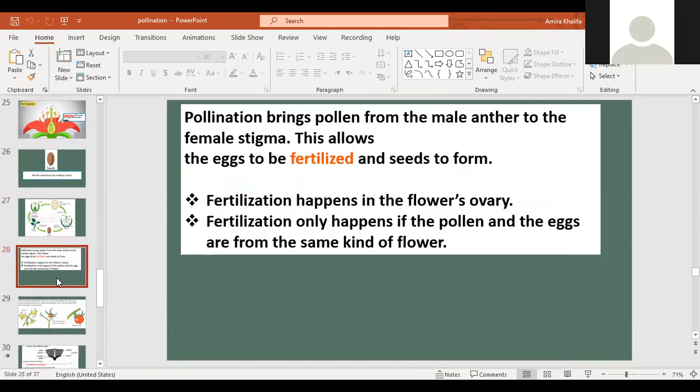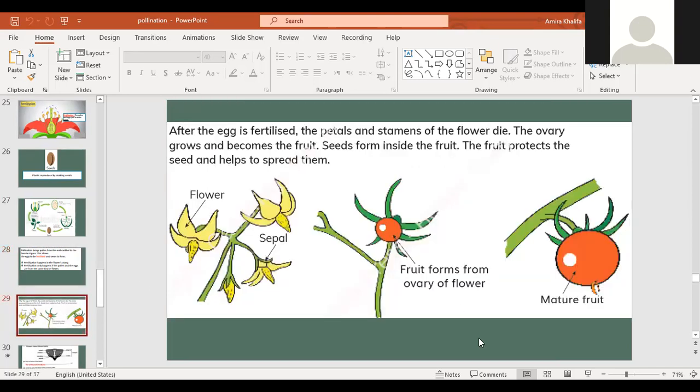And finally, fertilization only happens if the pollen grains and the eggs are from the same kind of plant, or the same type of flower. Here, can you see?